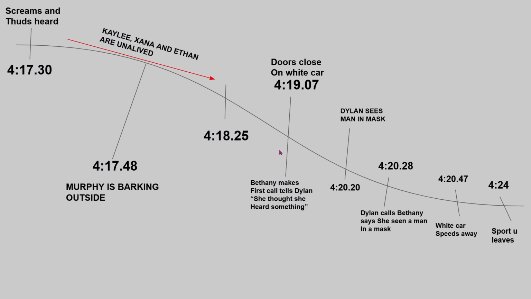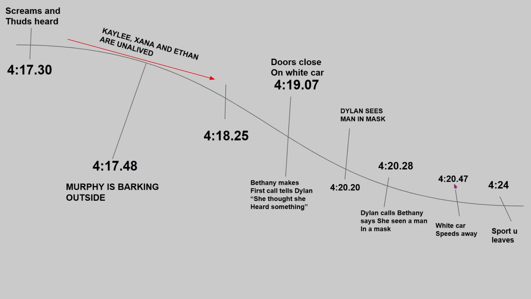That's almost 2 minutes that the perpetrator had to do any type of remediation that they did, taking clothes off, making sure that they didn't leave any footprints or whatever. And then Dylan calls Bethany, says she's seen the man in the mask, at 4:20:28. So that's 2 minutes and 3 seconds that they had for remediation.